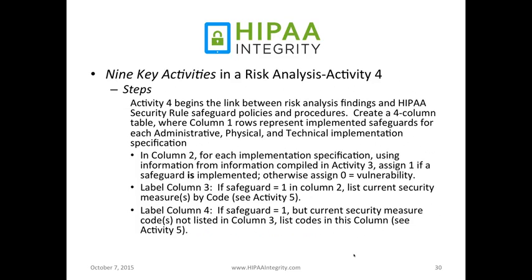In column 3, if safeguard equals 1 in column 2, you'd list your current security measures by code, which we have coming in the next activity. And you would label column 4: if safeguard equals 1, but a current security measure code is not listed in column 3, you'd list the code in this column. You'll see that in a minute.